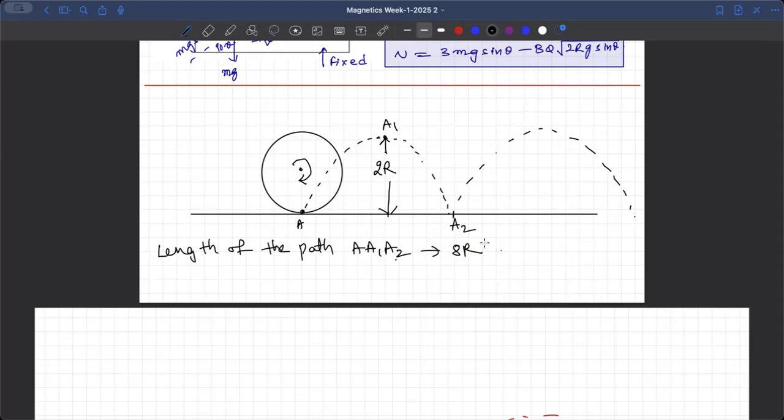Please remember that. This is the fundamentals of the cycloid path. Every particle follows the same path. This path is called cycloid path.